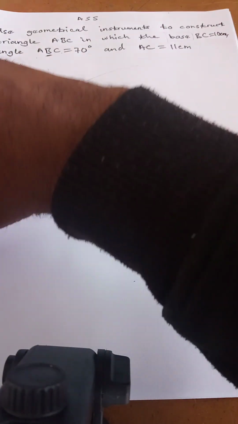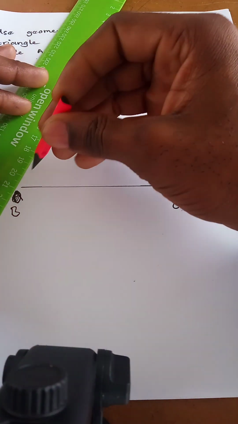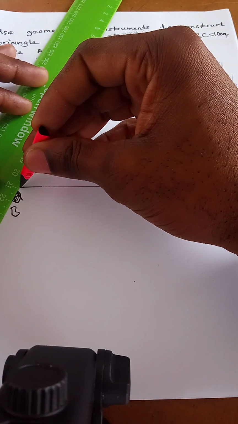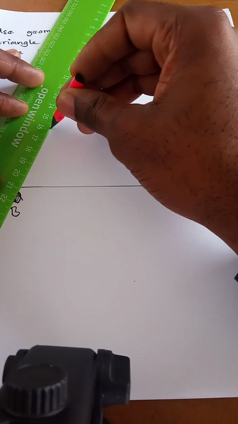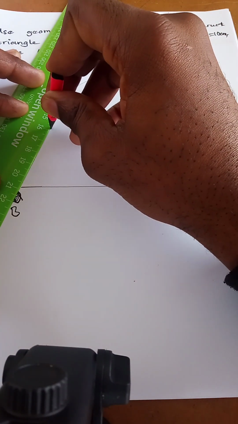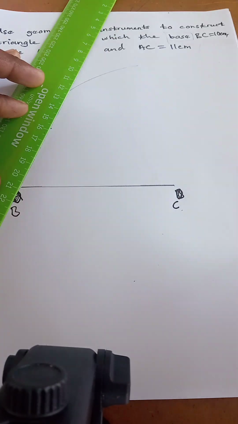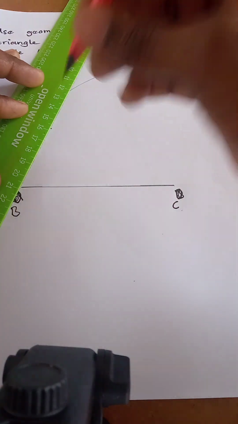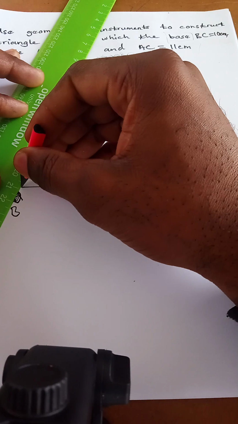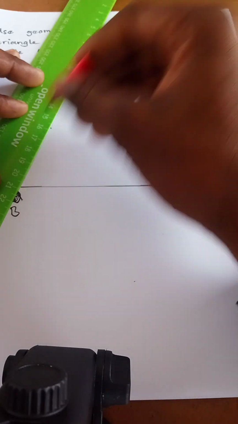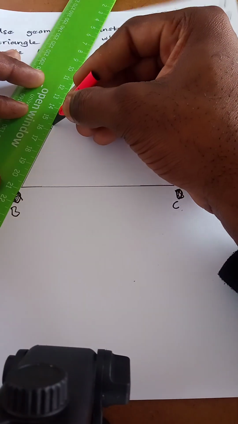So to satisfy both conditions, you draw a line starting from B and passing through the dot you have just made, and then you go all the way to the arc you have just drawn.